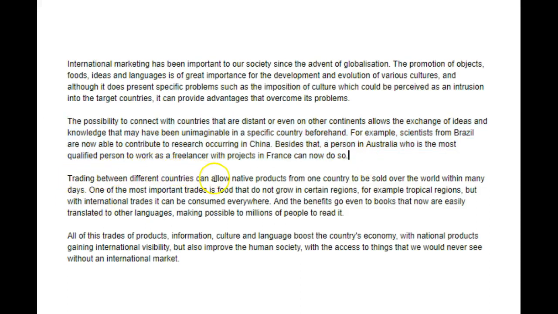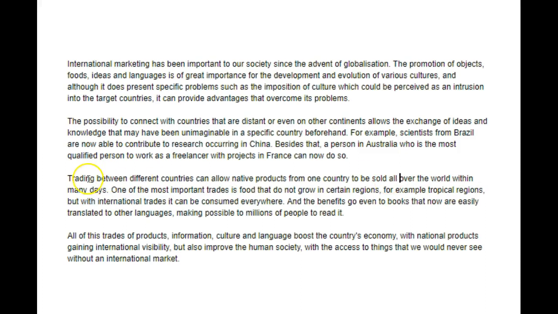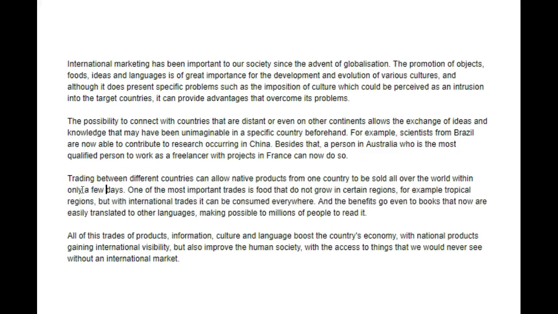Trading between different countries can allow native products from one country to be sold all over the world within only a few days. I would talk about how short the length of time is. One of the most important trades is food. Foods that do not grow in certain regions.